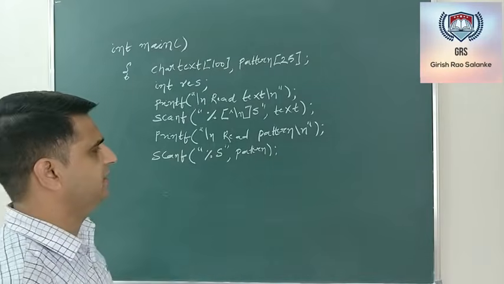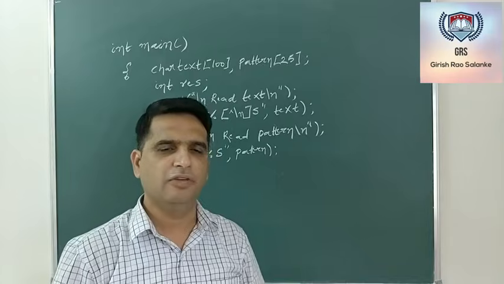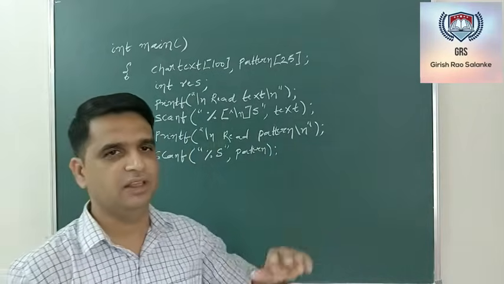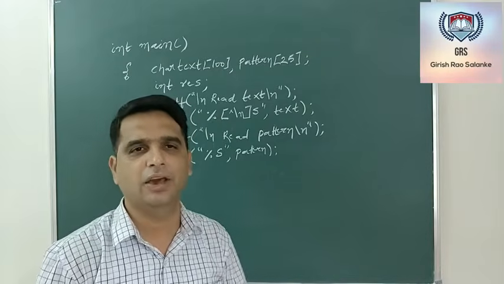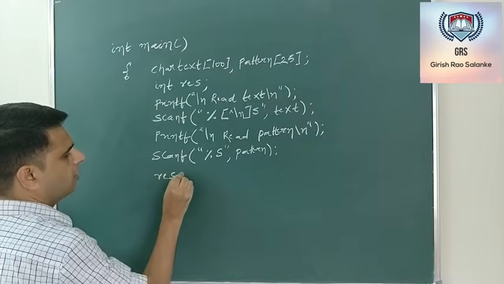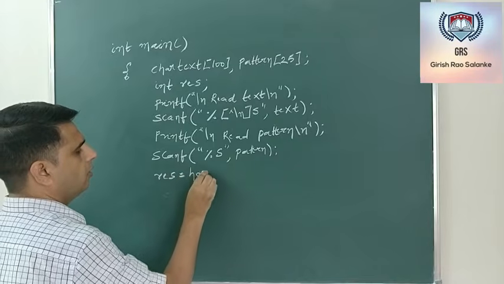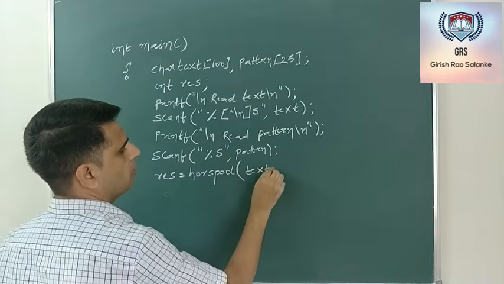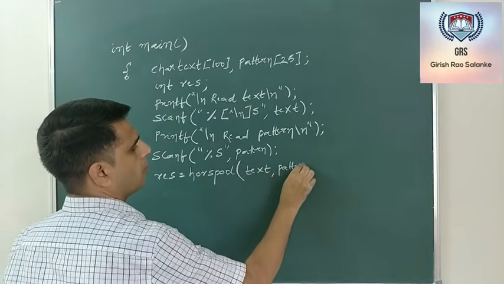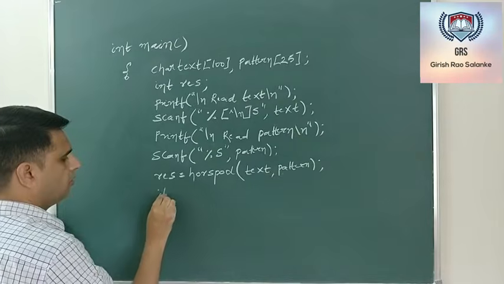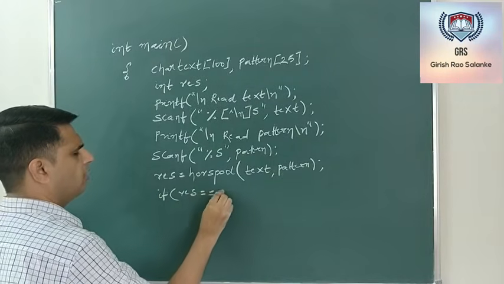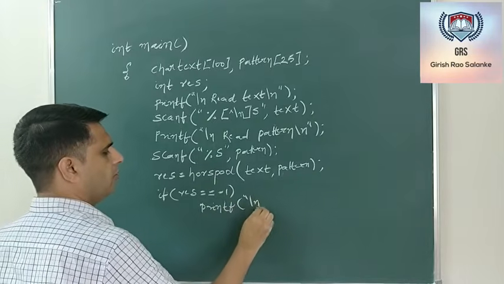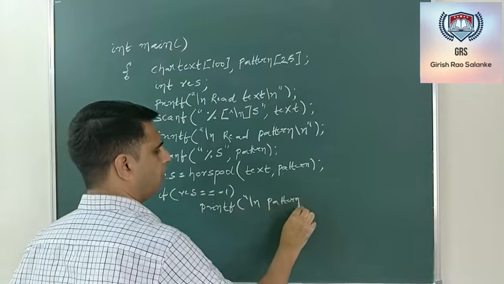Now, after reading the text and the pattern, what is the first thing that we are supposed to do? First thing is to construct the shift table for the pattern, which is done in the Horspool algorithm. Now you can directly call the Horspool algorithm and store the result in the variable result. Result is equal to Horspool of text comma pattern. If result is equal to -1, printf pattern not found.